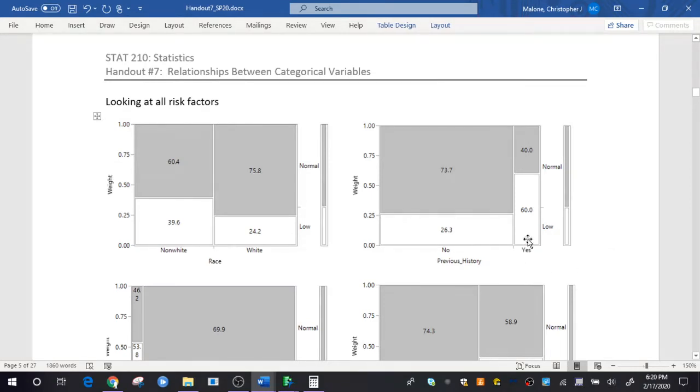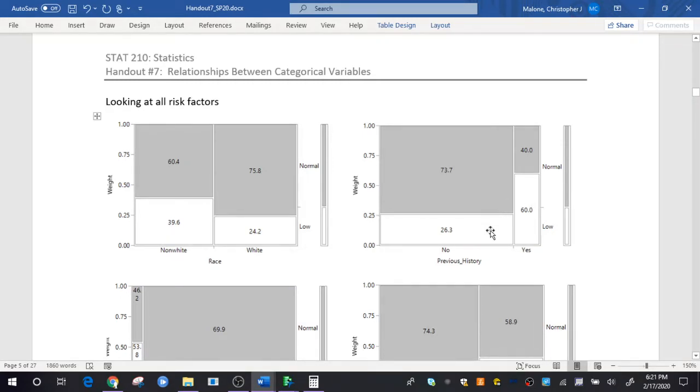Previous history here, we can see that those mothers that had a previous history are much more likely to end up with a low birth weight baby than mothers with no previous history. So again, 60%, it looks like, of the mothers with previous history ended up having a low birth weight baby. For mothers that had no previous history, that drops back to about 26%.